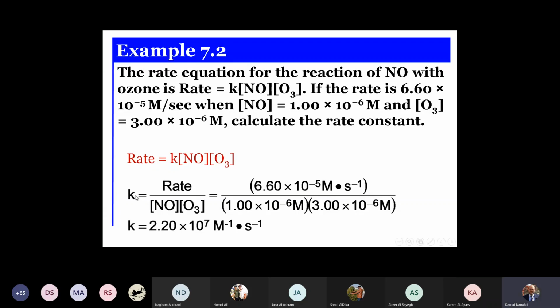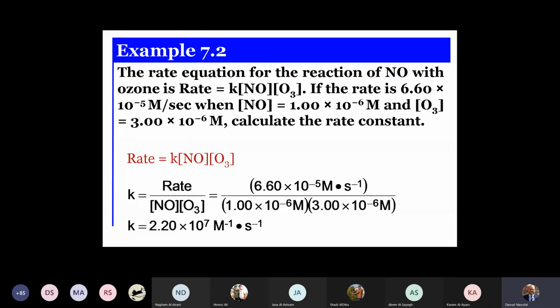The rate constant is noted small k, and the rate constant is obtained from the rate law expression, and the rate constant is an indication about the rate of the reaction at a certain given temperature.